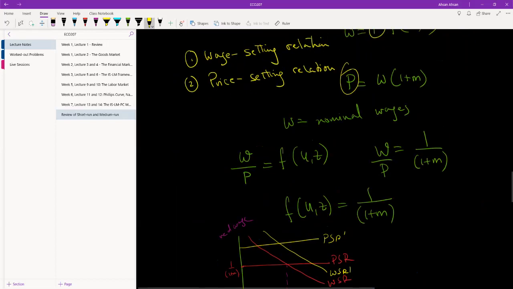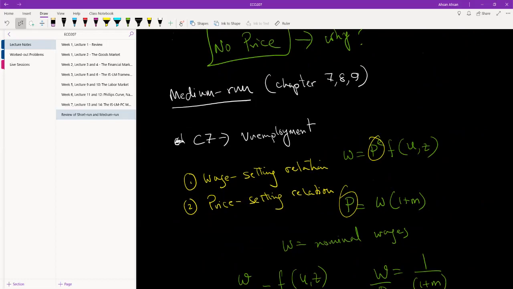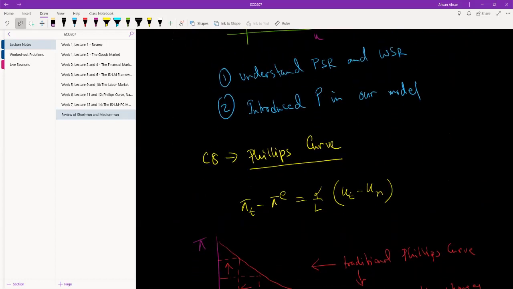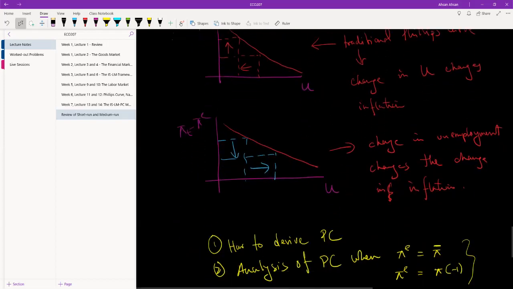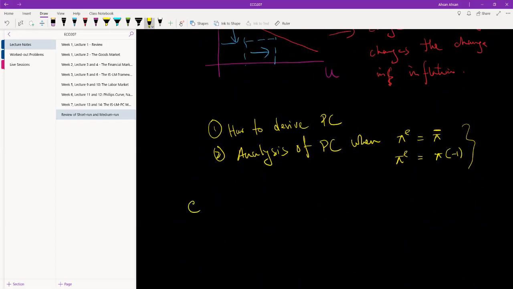And I've already actually talked about this, right? So we got started with the medium run. We talked about unemployment in chapter 7. We talked about inflation or price level in chapter 8. Then we moved on to chapter 9, which was basically where we saw the ISLM PC model.